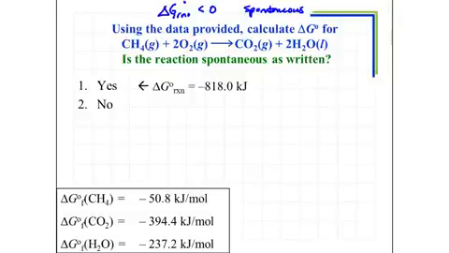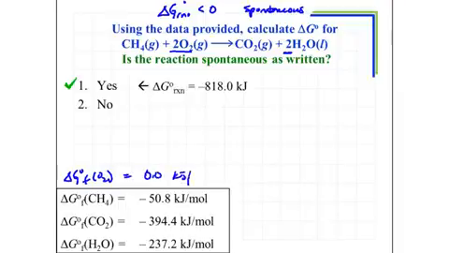Well, the answer is yes, because the delta G of the reaction is a negative 818.0 kilojoules. If you did not obtain that value for the delta G of the reaction, go back and look. Number 1, did you incorporate the coefficient of 2 here? Yeah, you incorporate the coefficient of 2 here as well, but I didn't give you the delta G of formation of O2 because I expect you to know that it is 0. So it doesn't matter whether you multiply by 2 or not, because 0 times 2 is still 0.